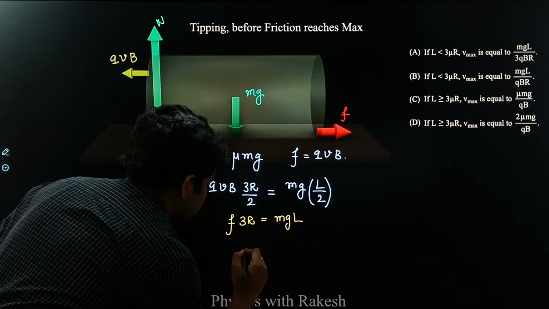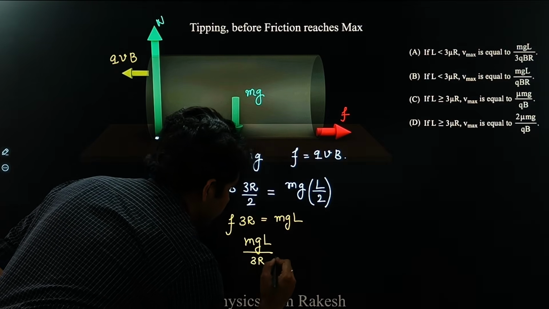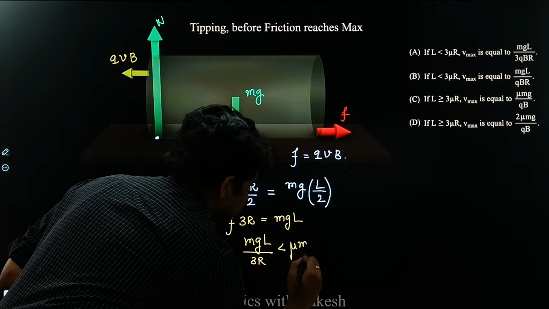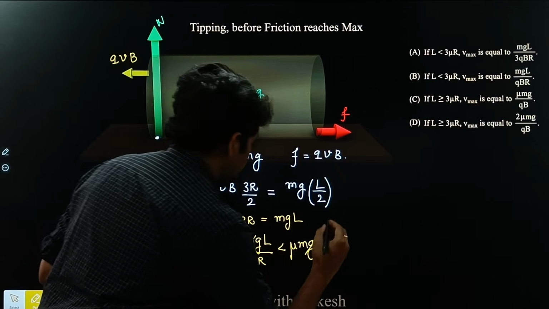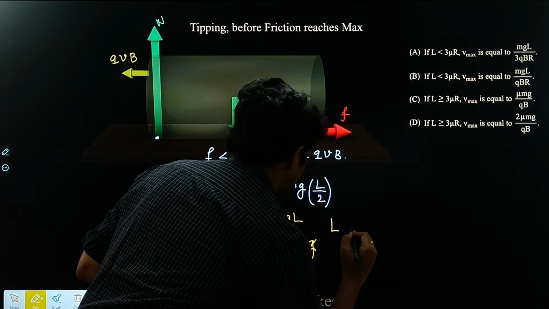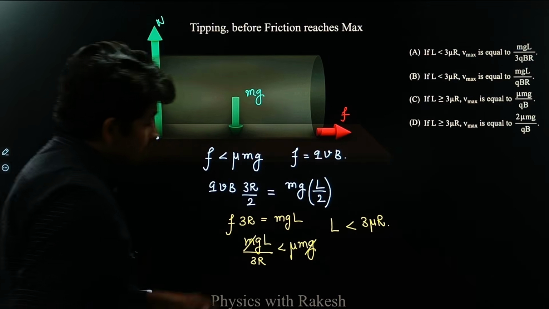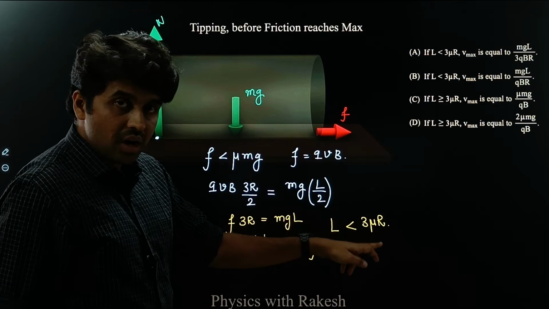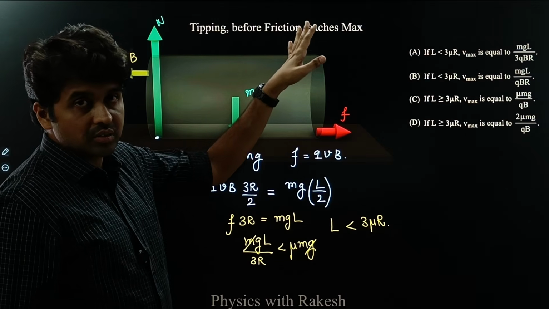So I can write mgL by 3R is lesser than mu mg. From this, I'll cancel out these two and I'll get L lesser than 3 mu into R. So basically L lesser than 3 mu R corresponds to the condition where tipping is before friction reaches the maximum value.